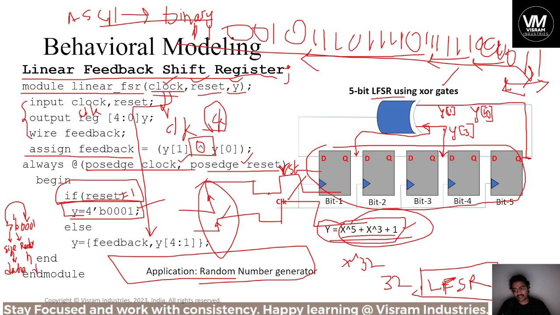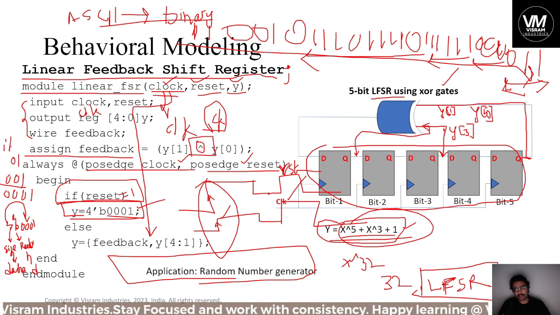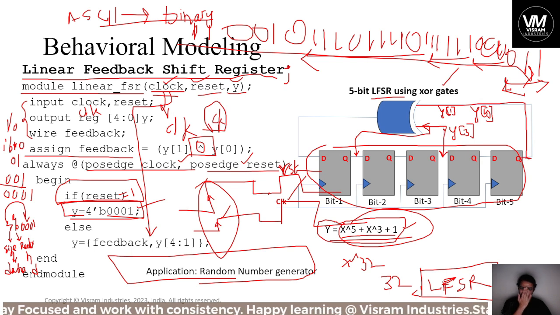I can also write decimal, so D. Likewise, I have taken 4 tick B 001. When I say 4 bits, you have to write 4 bits of binary. When I say 3 bits, you can write 001, 3 bits. When I say 2 bits, 01. When I say 1 bit, 1 is simple 1. 1 bit 0 is simple 0. Understood? So don't get confused by this type of notation. It is not new. We have already used it.